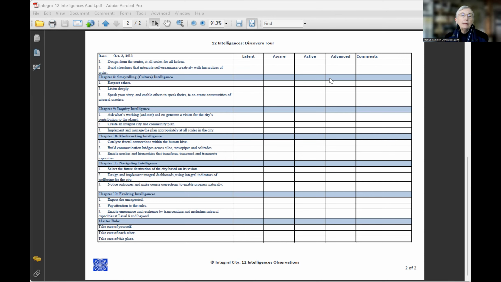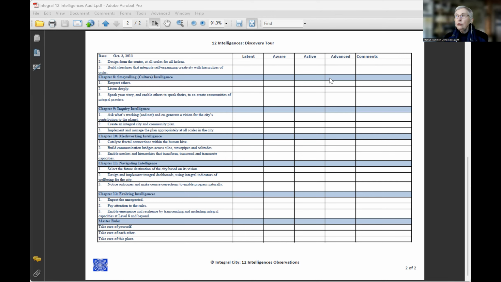And the third element of storytelling, or the cultural intelligences, is allowing your story along with others. So speaking your story and enabling others to speak theirs to co-create communities of integral practice. Stories are finding in our expression of culture and how we're conveying meaning these days more and more an important role.